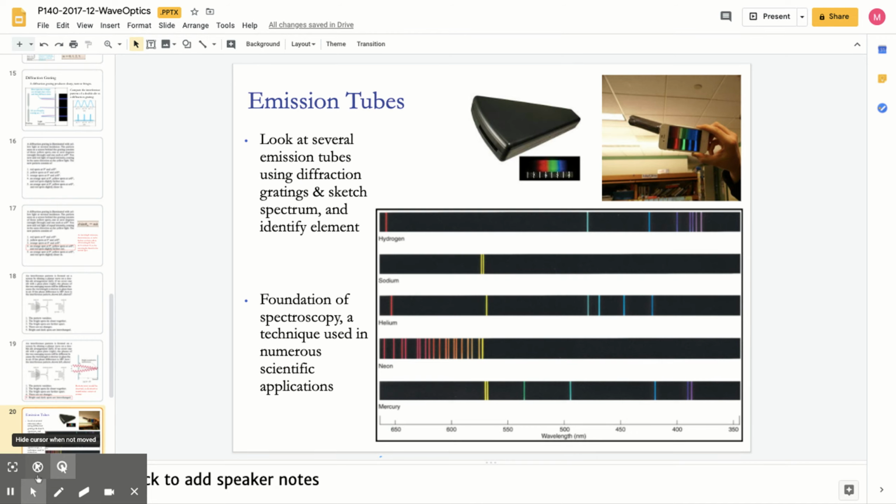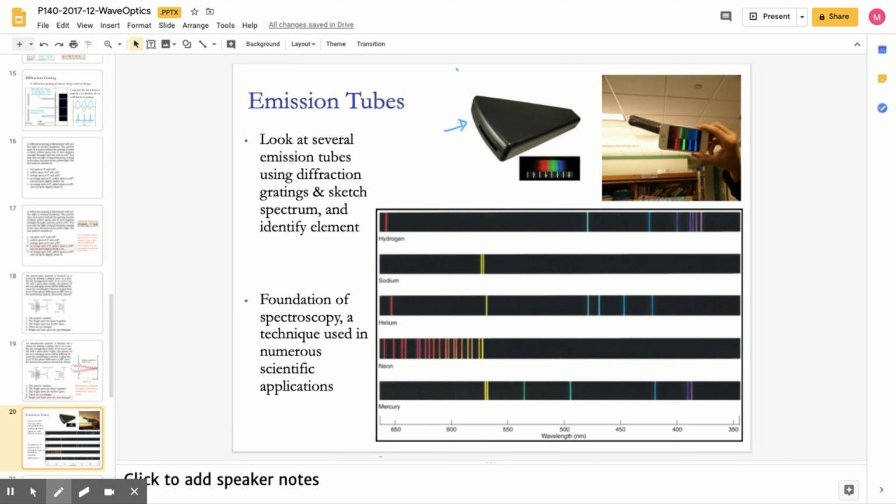So we can use this idea of diffraction gratings for some really neat applications. And so this is spectroscopy. What we have here in the two pictures, the one on the left, this one right here is a handheld spectrograph.